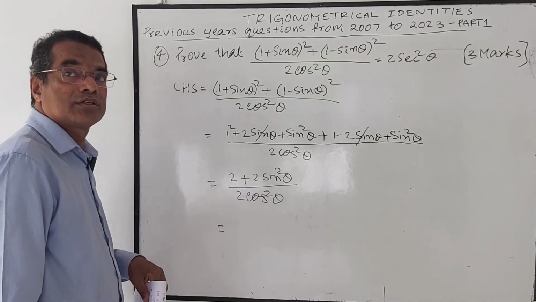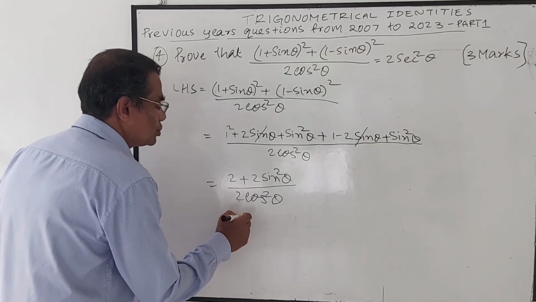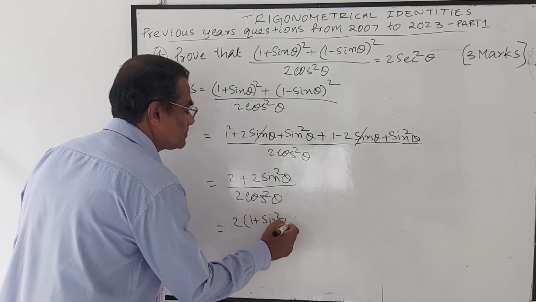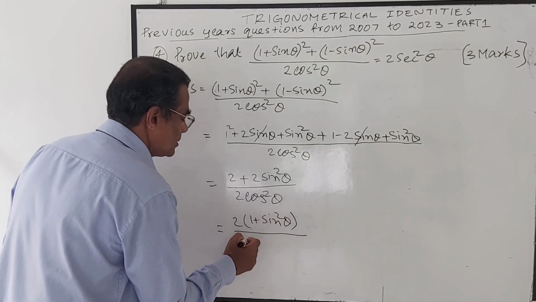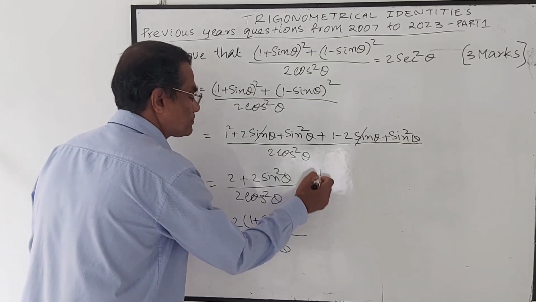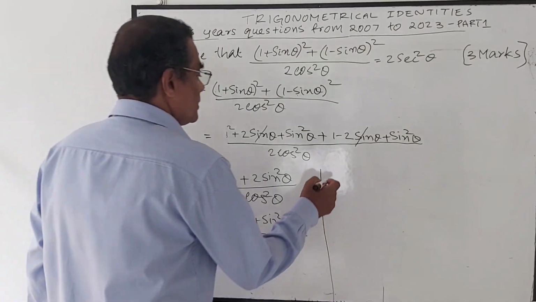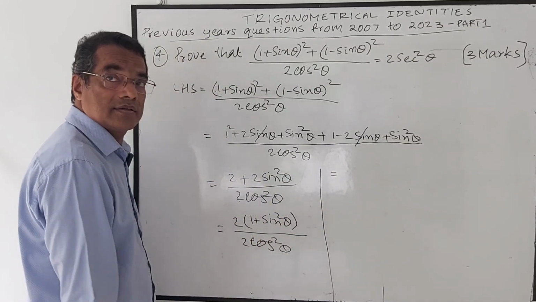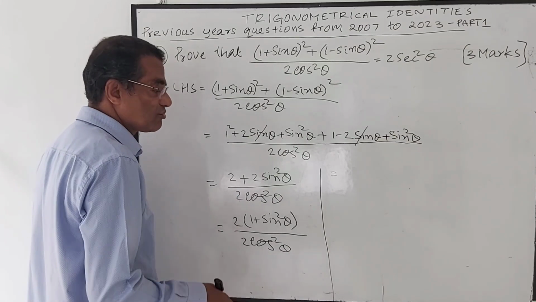From the numerator take 2 outside, 2 into 1 plus sin square theta divided by 2 cos square theta. 2 divided by 2 is 1.